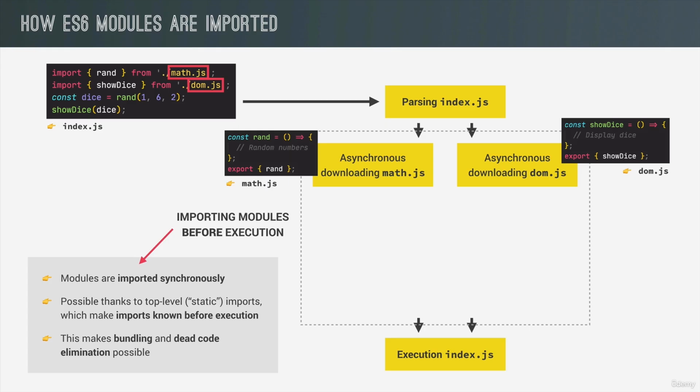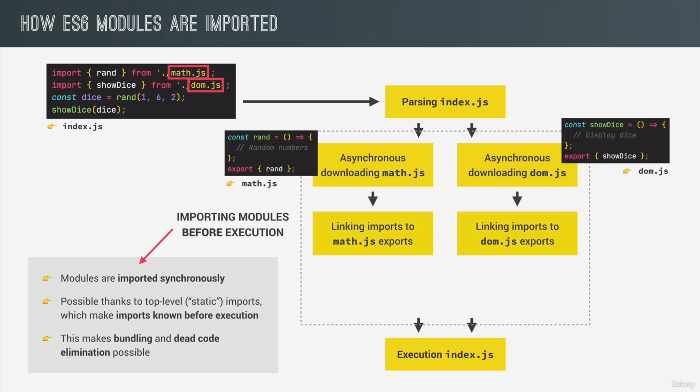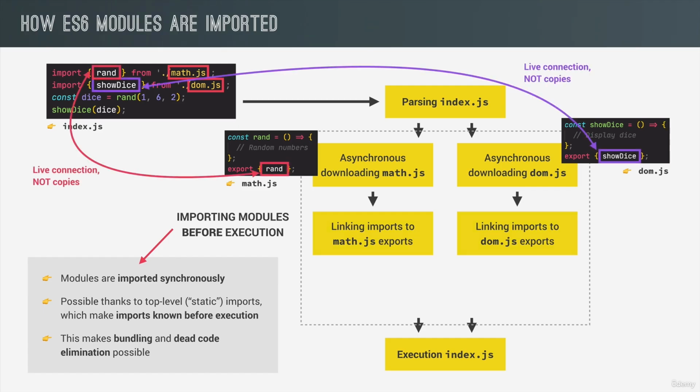Then after a module arrives, it's also parsed, and then the module's exports are linked to the imports in index.js. So for example, the math module exports a function called rand. And this export is then connected to the rand import in the index.js module.